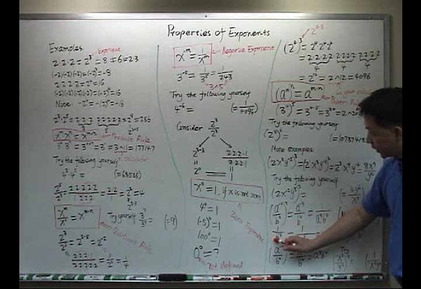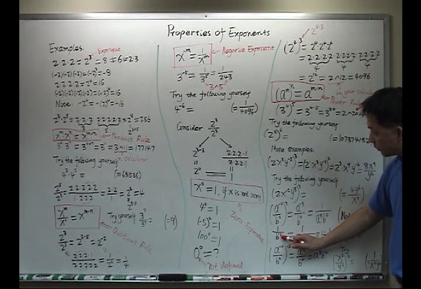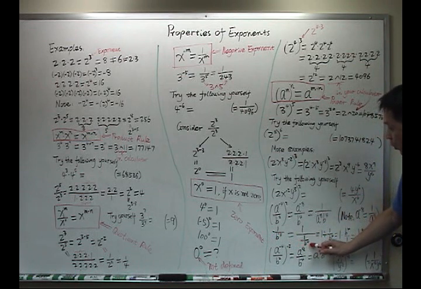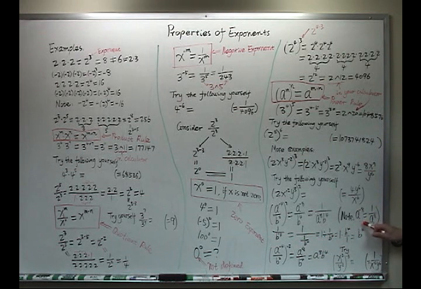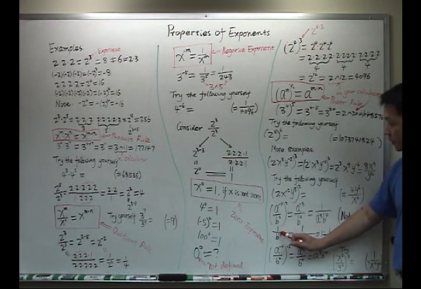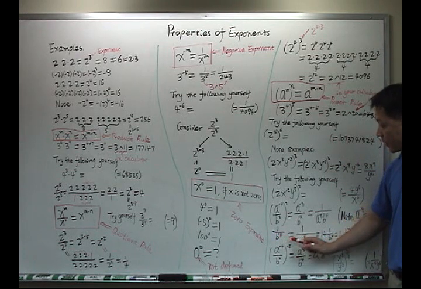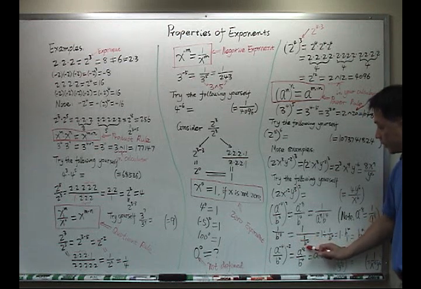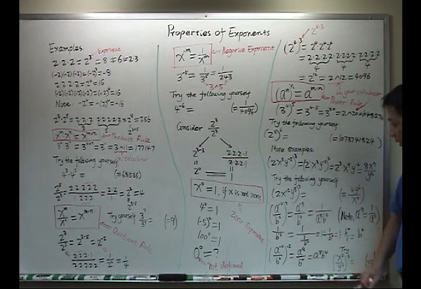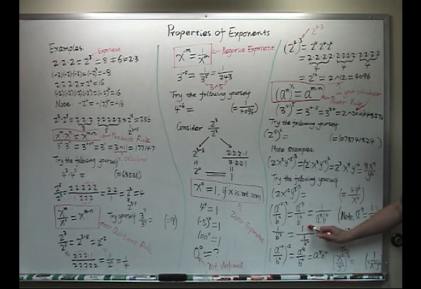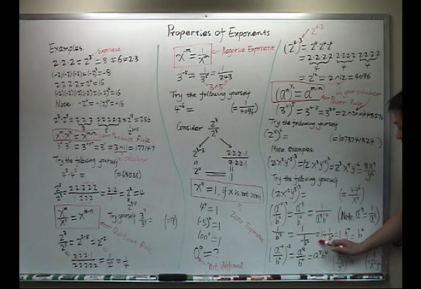Okay, you rewrite b to the negative 4th as 1 over b to the 4th. Similarly like that. The only difference is the b to the negative 4th is downstairs. So you keep it downstairs first. Now, 1 divided by 1 divided by b to the 4th can be written like this.